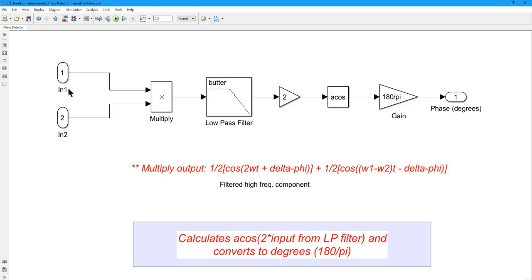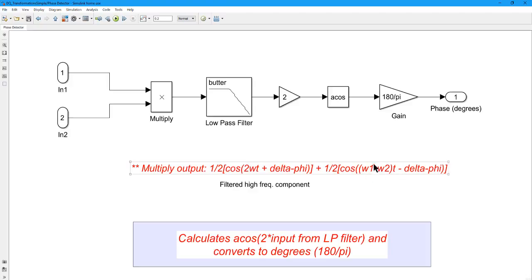So you can see if these are 377 radians per second or 60 hertz, this will be a 120 hertz cosine wave in this component. So there's a double frequency component here.